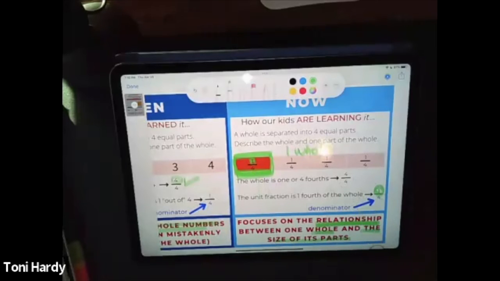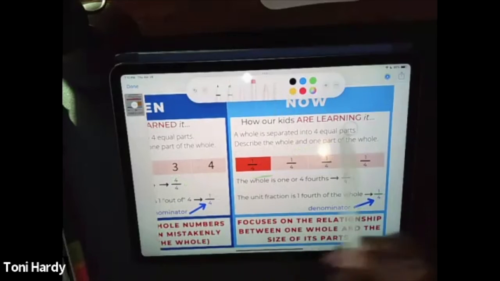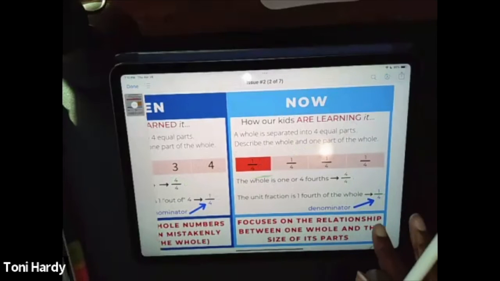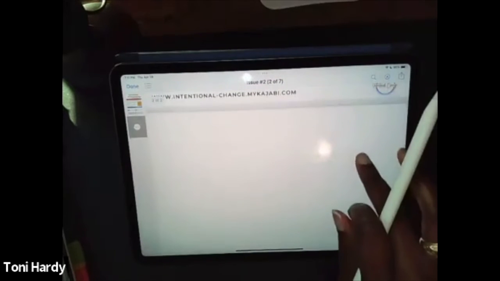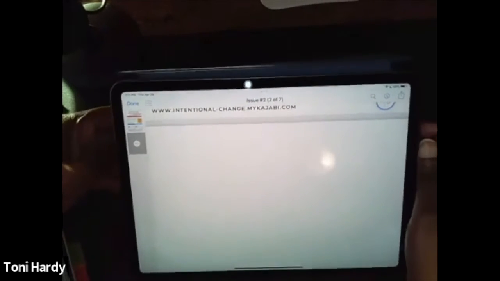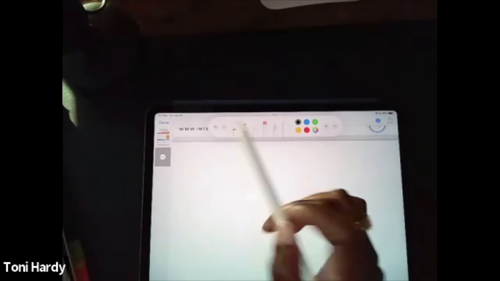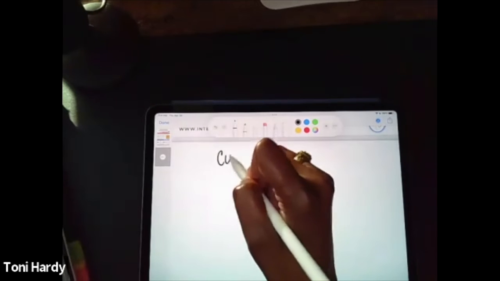All right, so I have some Cuisenaire rods, and I talked a little bit about these last time. So I want to erase some of this stuff here so I can get down to my Cuisenaire rods. Okay, so we're going to look at Cuisenaire rods.